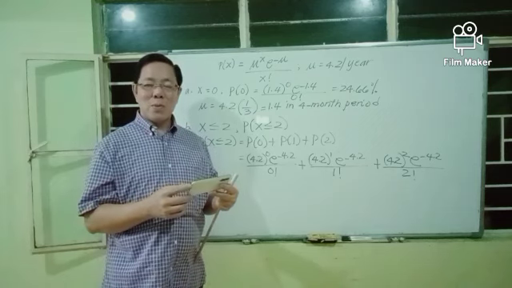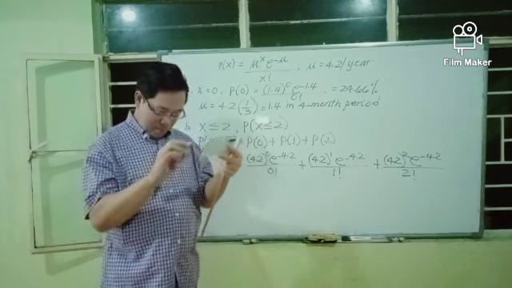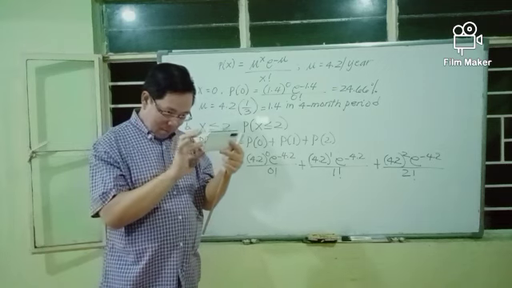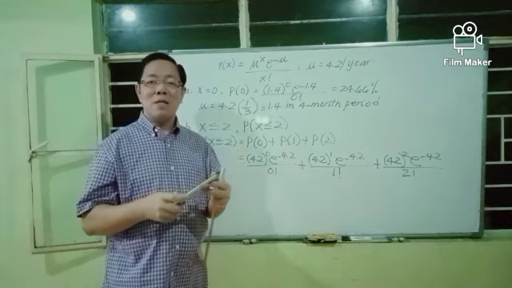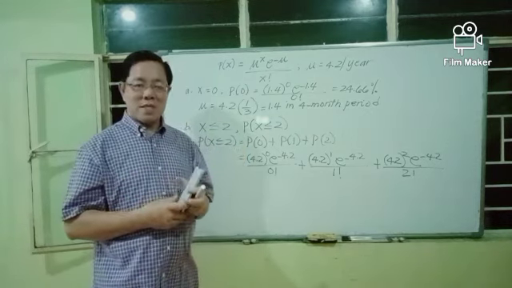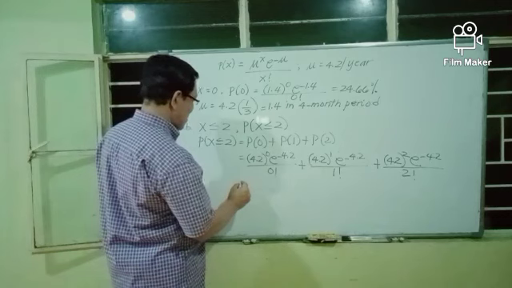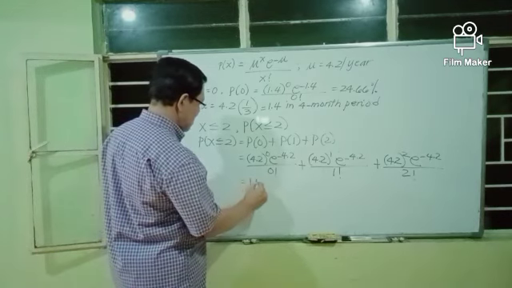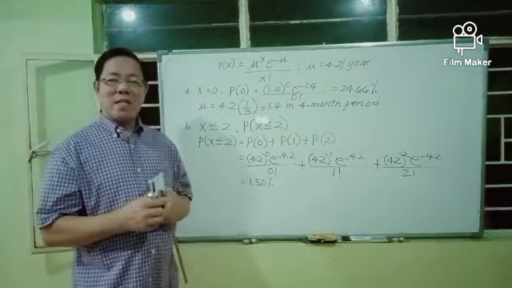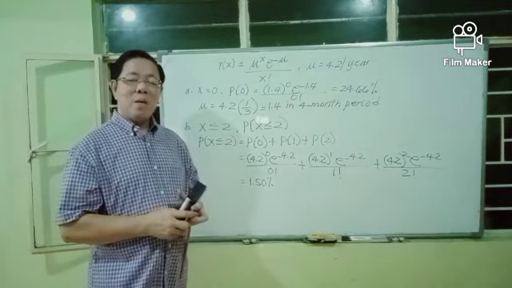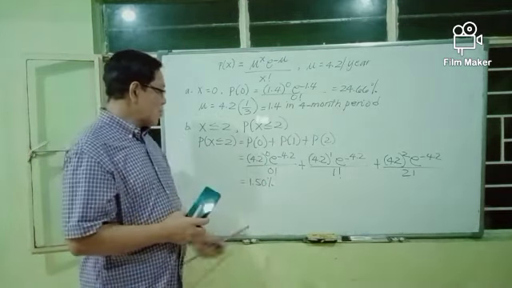And then you write the percent sign. And you should get 1.50%. Hence, the probability that there will be no power outages in the year is 1.50%.